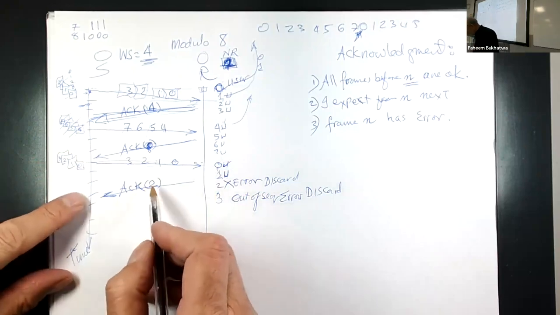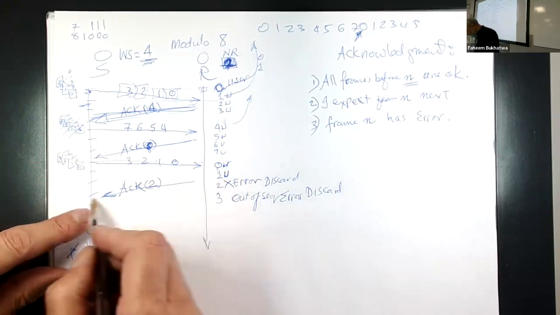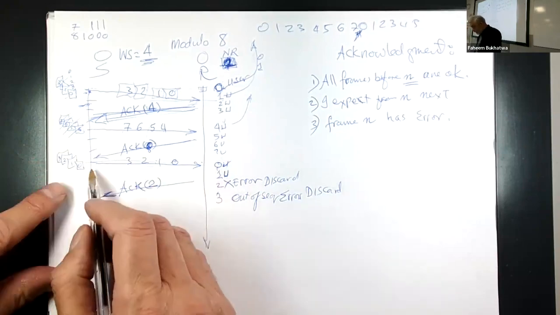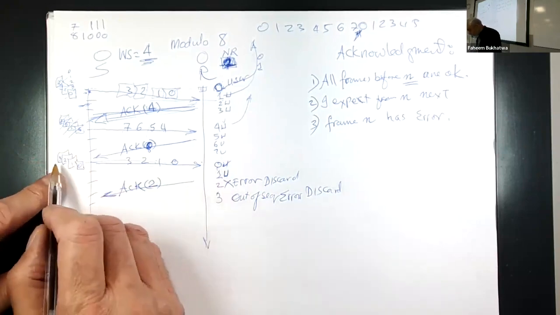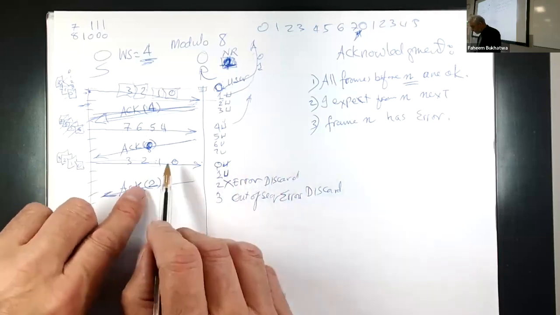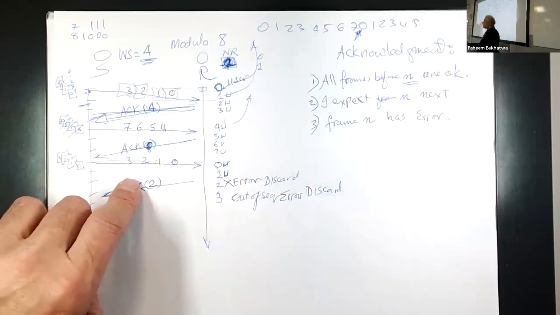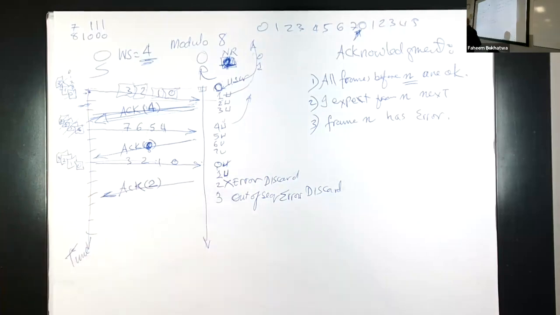Now, why does it keep them? Because of this. This time, the sender is expecting to receive, if 0, 1, 2, and 3 are received correctly, what acknowledgement should the receiver send back? If 0, 1, 2, and 3 are perfectly received, it would send acknowledgement 4.